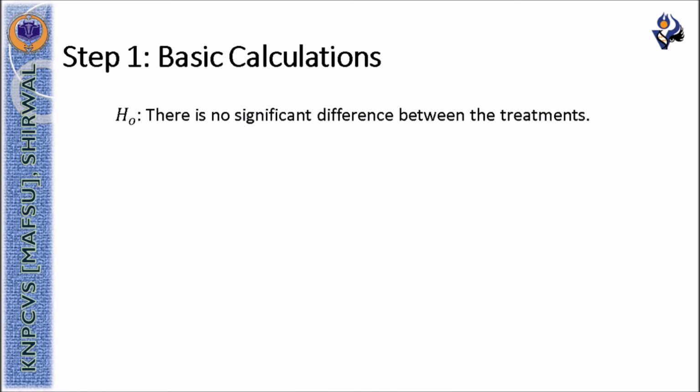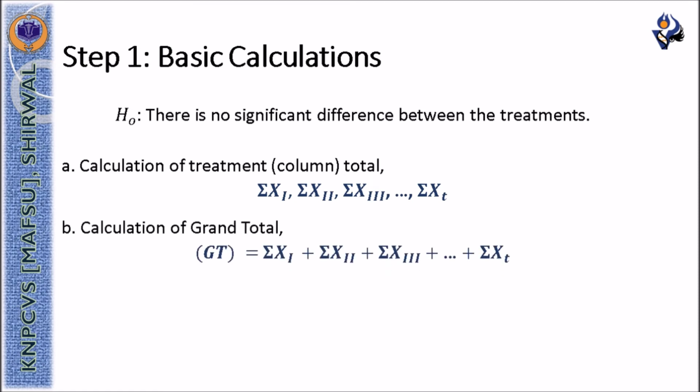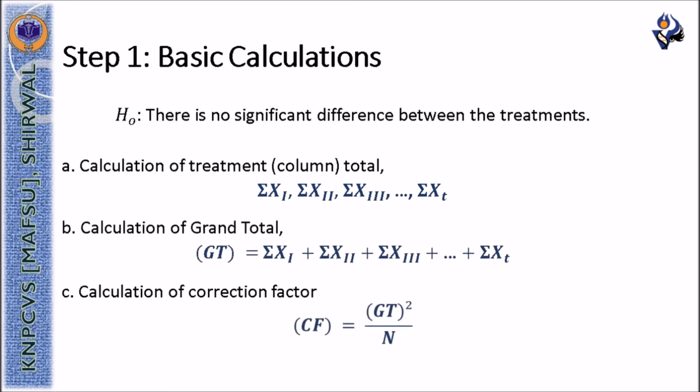The steps of one-way ANOVA in CRD include setting up a null hypothesis, stating that there is no significant difference between the treatments. The basic calculations include calculation of treatment total, calculation of grand total, and calculation of correction factor.